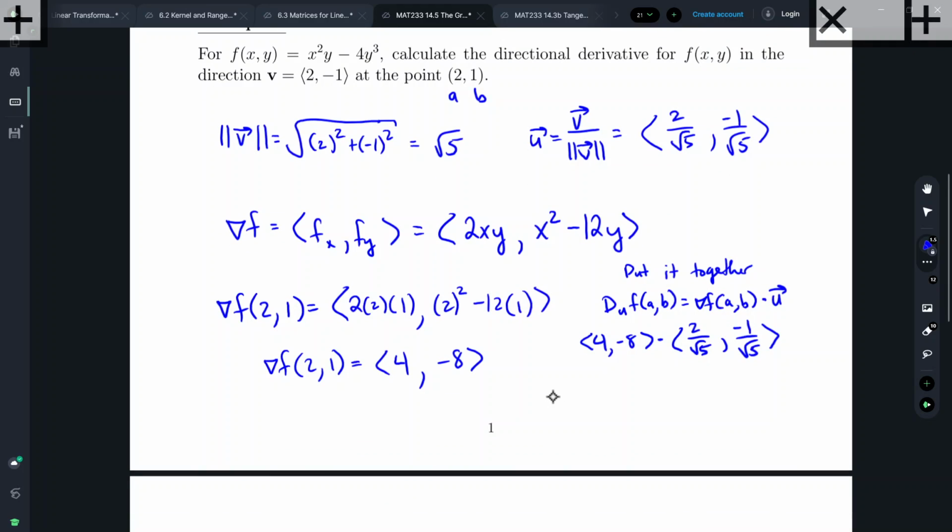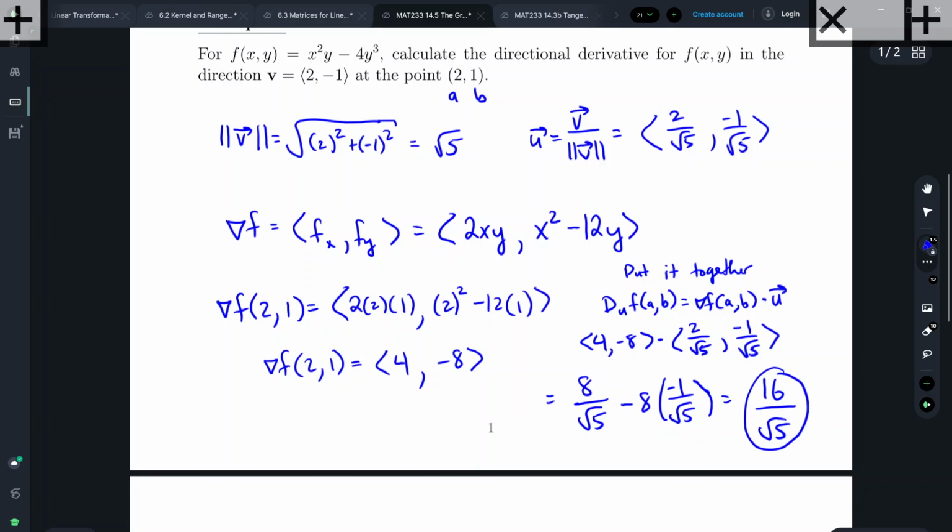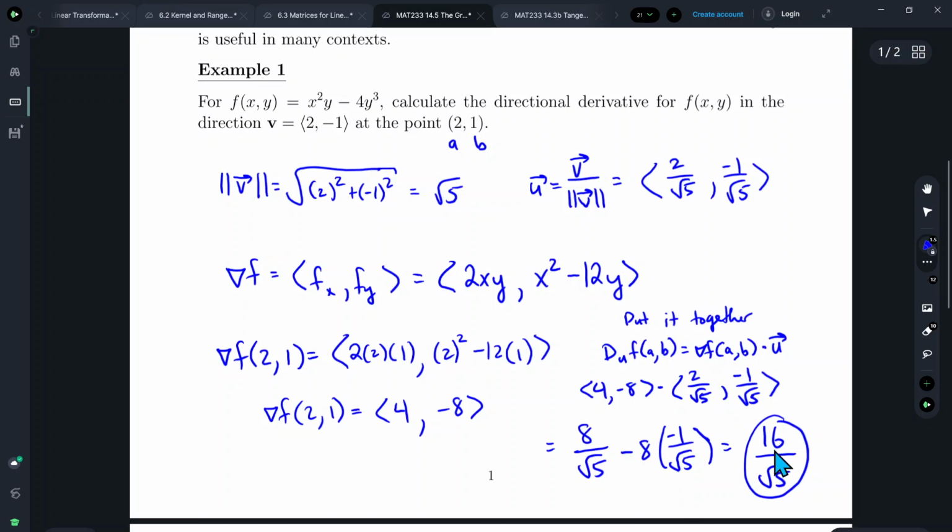So dot product just means that I multiply the corresponding components, so 4 times 2 gives me 8 over square root of 5. Then I have minus 8, and then times negative 1 over square root of 5. And then negative times negative gives me a plus, and then 8 plus 8 is 16 over square root of 5. Okay, so that's the value of the directional derivative in this direction at this point.